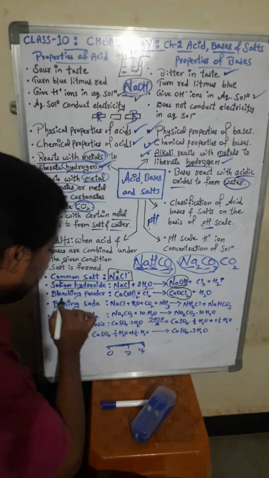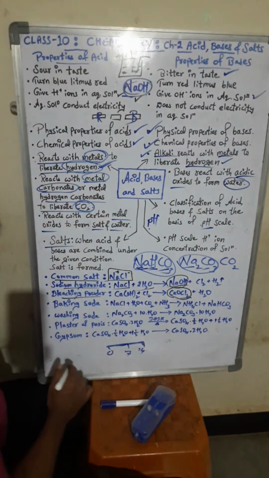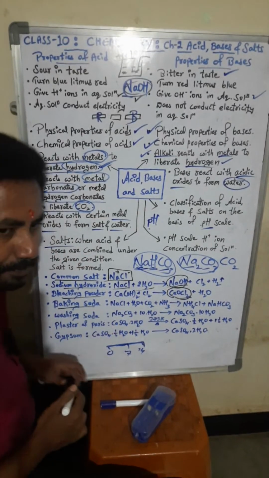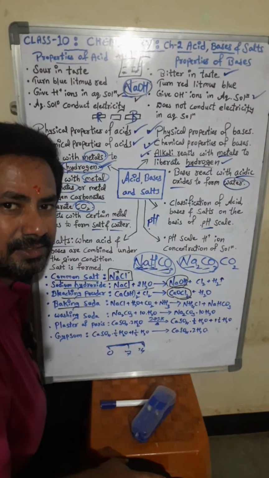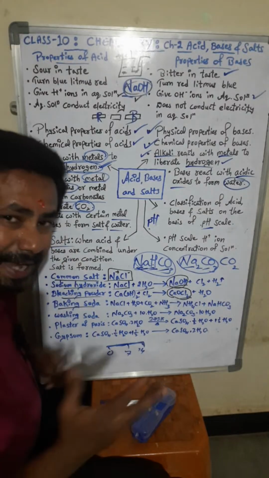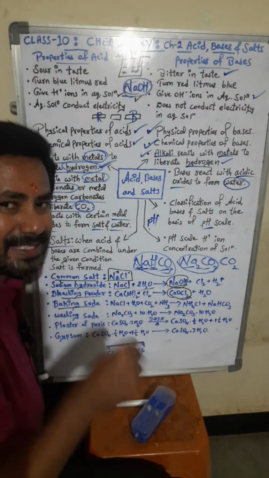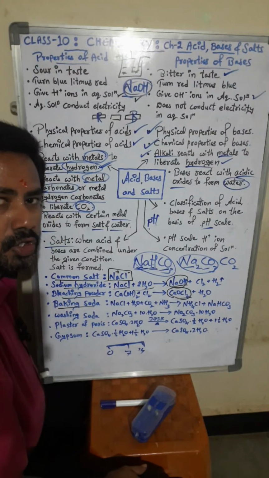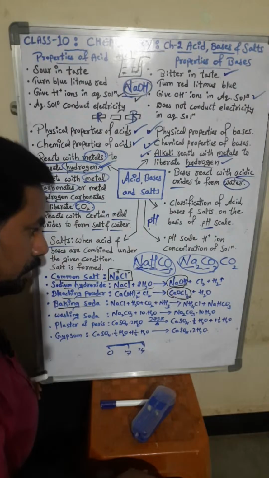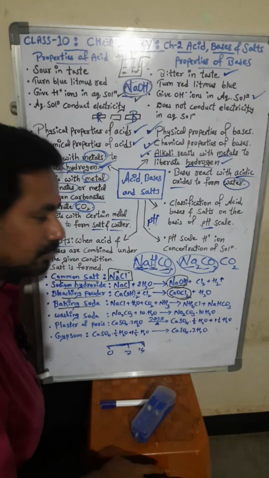Everybody has to remember, these are very, very important. Now baking soda. Baking soda is used in our food items, bakery items. Another name for baking soda is sodium hydrogen carbonate.